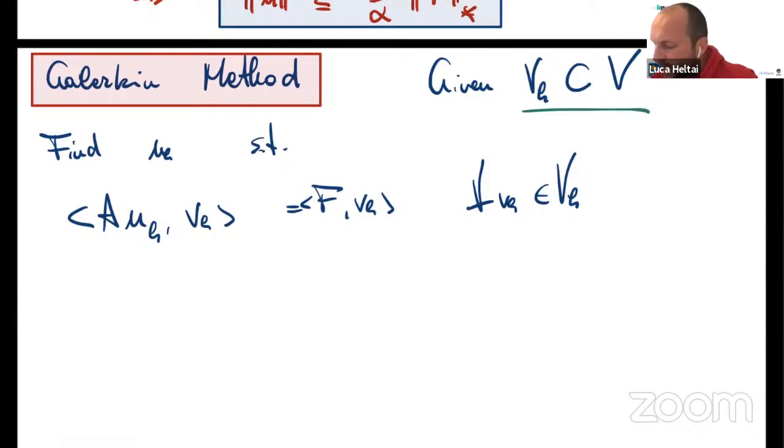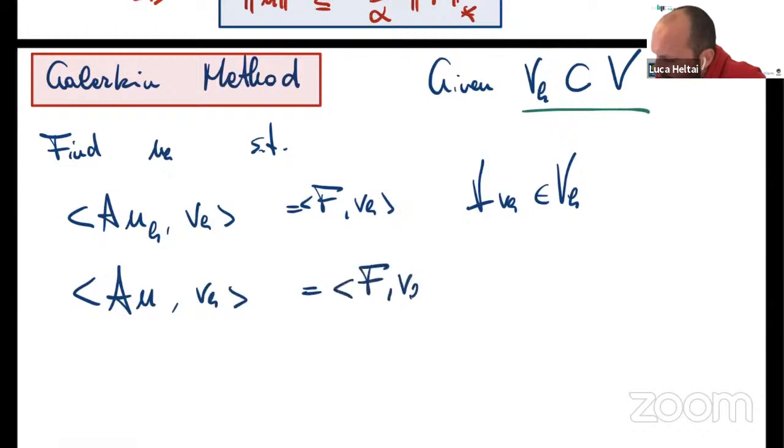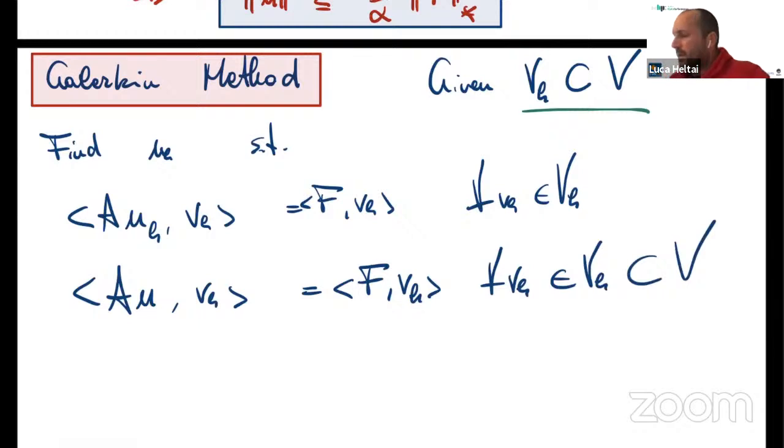Okay, and we want to find an object on this subspace that satisfies the same equation when you test it with all the functions on the given subspace. And we know that the exact solution, A of U, satisfies already this for any V in capital V. But since these are also functions of capital V, then you can apply the same type of equation to the exact solution.